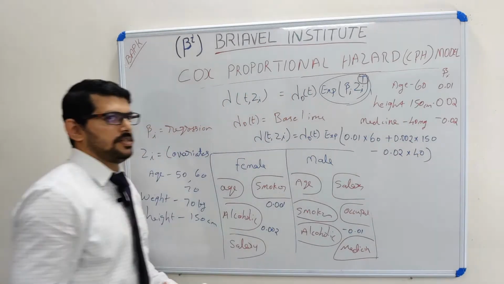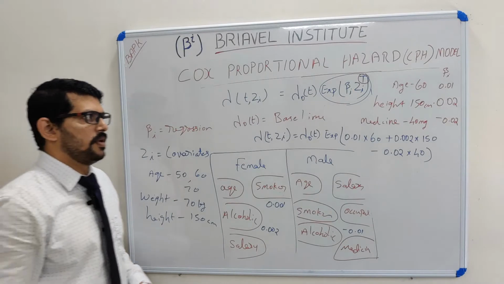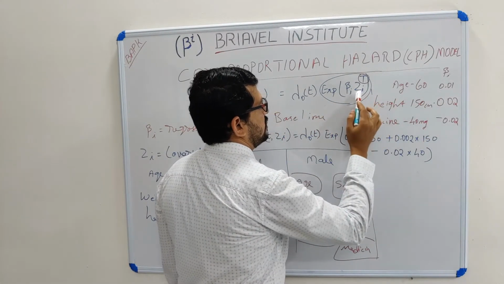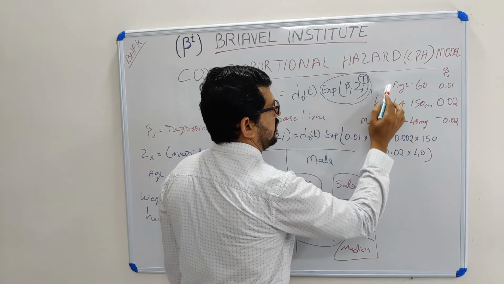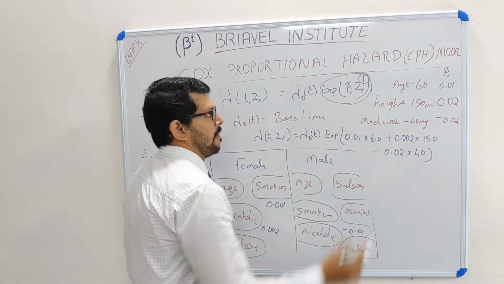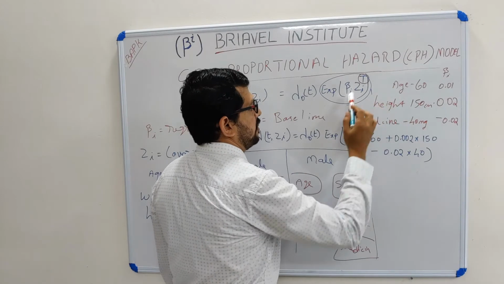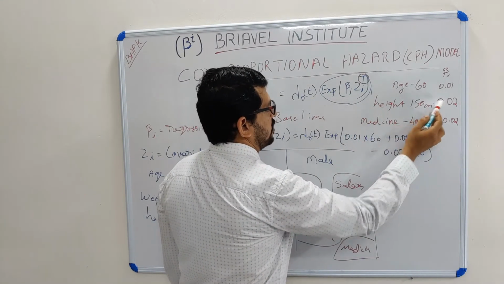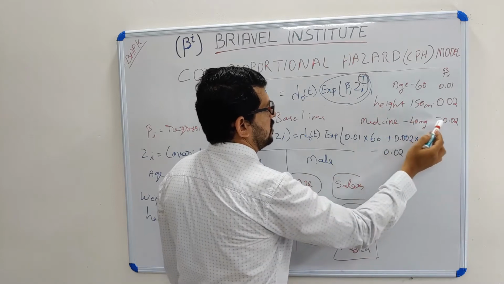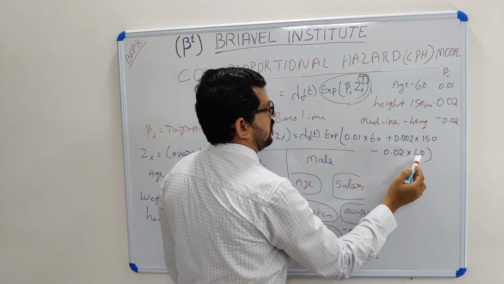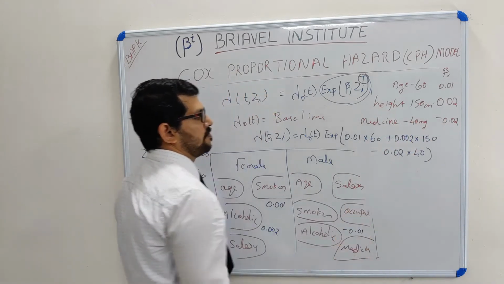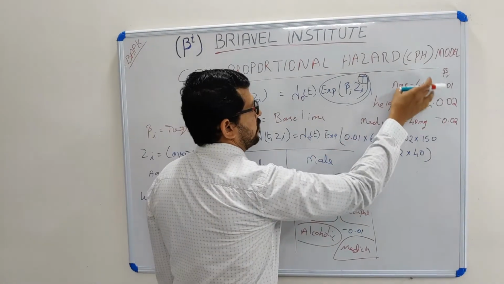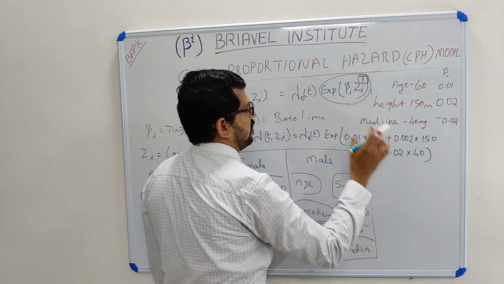So this is our equation. We substituted beta i equal to 0.01. Zi is the first covariate we considered, age, which is 60, so 0.01 is multiplied by 60. The second is height, 150, with regression parameter 0.002. Third is minus 0.02, and its value is 40. So we substituted all these covariates and their values in the equation.